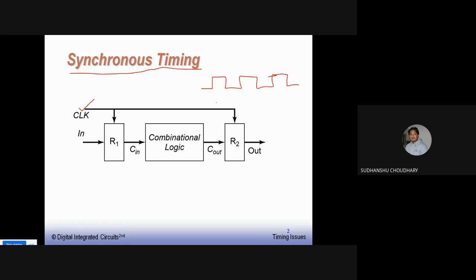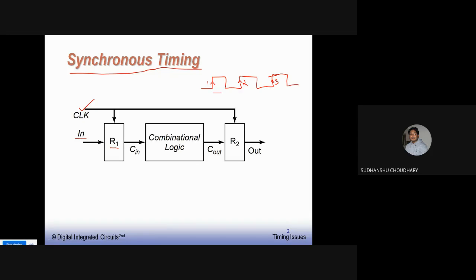In this sequential circuit, this is the first positive edge and this is the second positive edge. At the first positive edge, I want my data input to be sampled by this register. That is, when the clock makes a transition here, at the first clock edge, I want this data input to be latched into register 1.